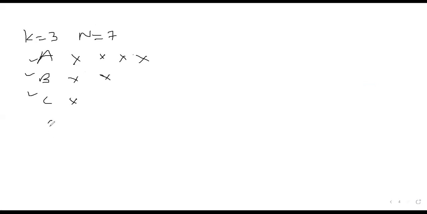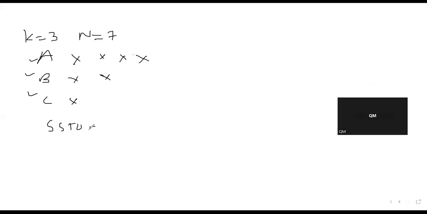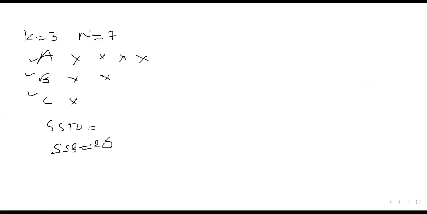And you'll be given maybe sum of square total, sum of square between, maybe you're given a 20. Then sum of square total, you're given 100.